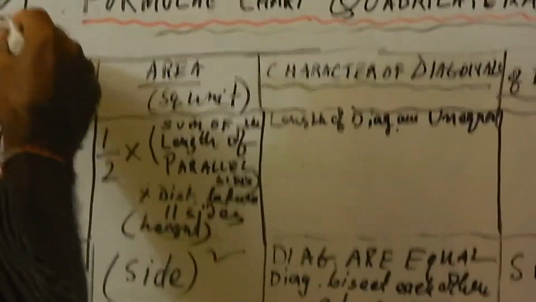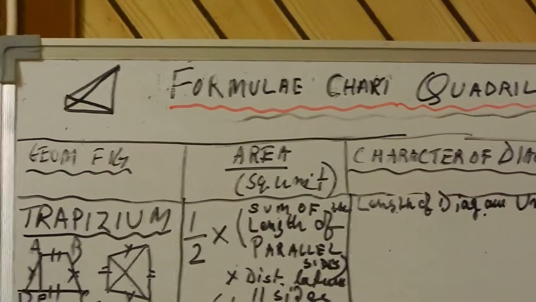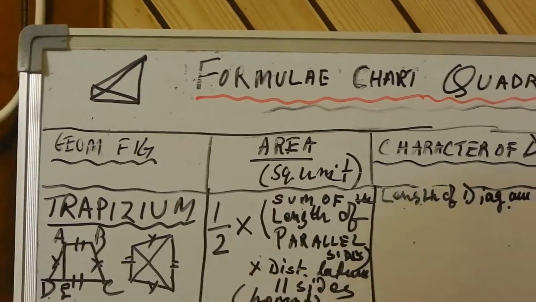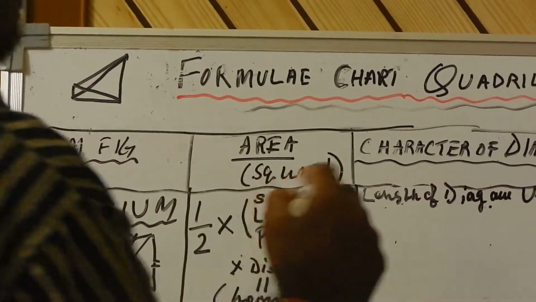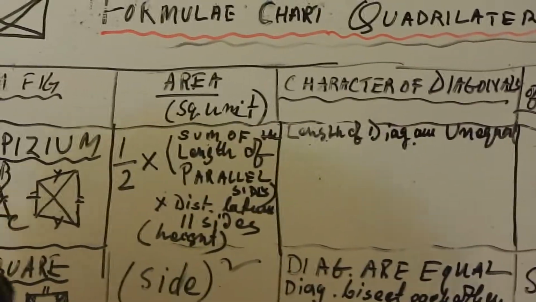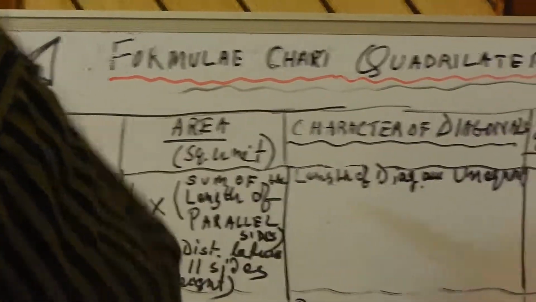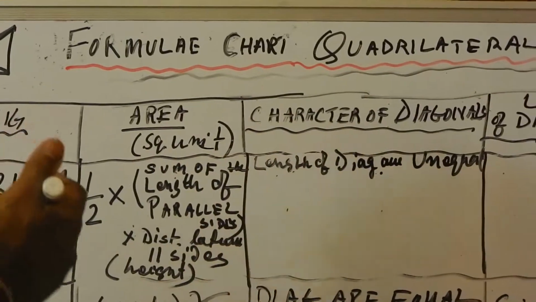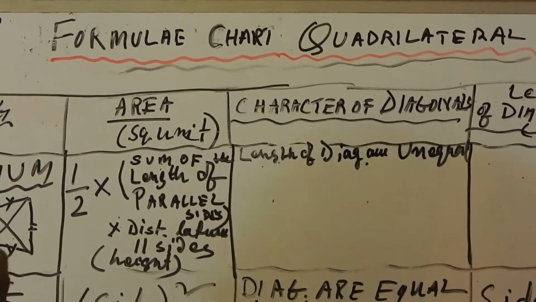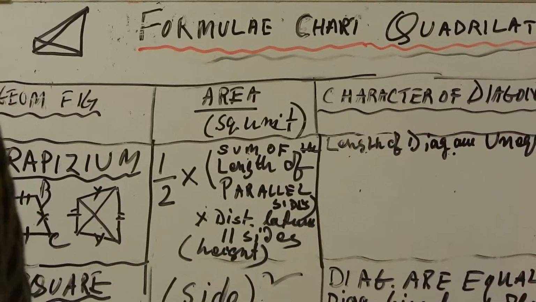These two lines can never be equal. But in one case they could be equal, if the oblique sides are equal.